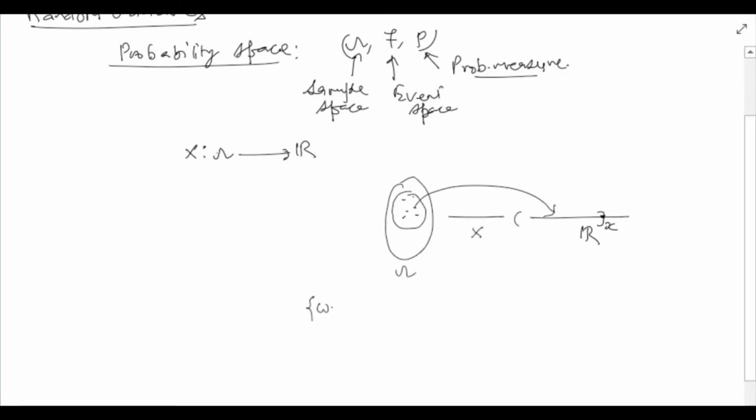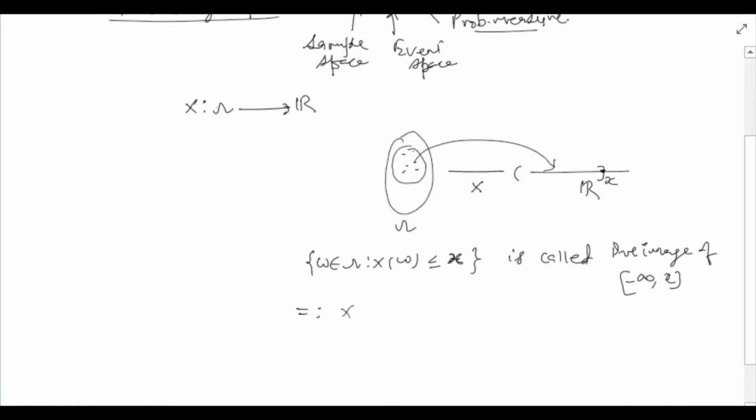The collection of points omega in capital Omega such that they are mapped to the minus infinity to x segment, that is X of omega is less than or equal to small x, is called the pre-image of minus infinity to x.